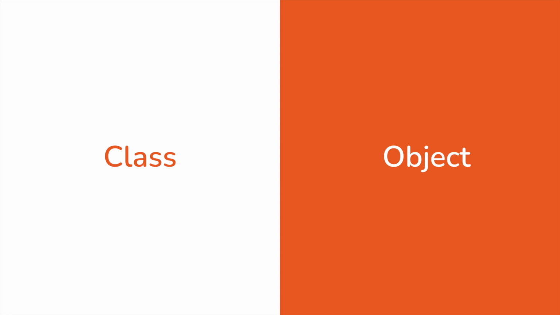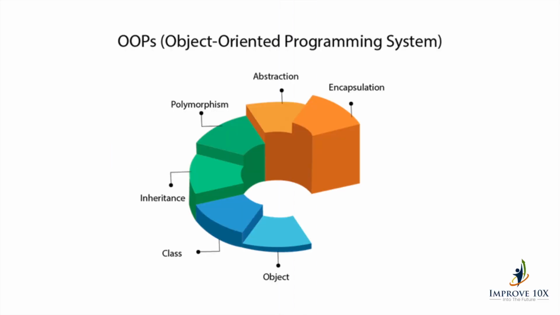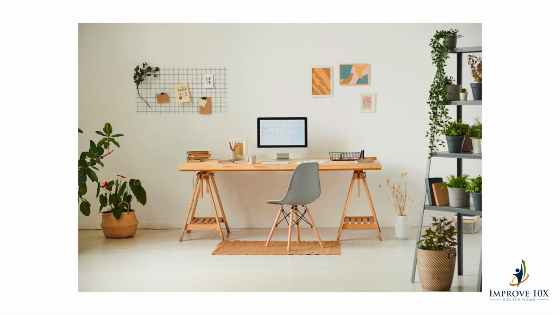So let's go to the next slide. Let's understand the different objects in this picture. For example, in this picture there are objects like chair, table, a monitor, books, plants, a mat, some wall hangings, etc., right?